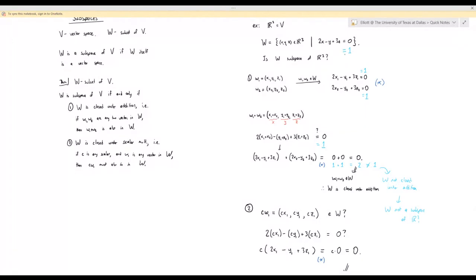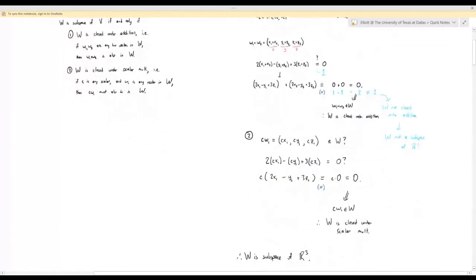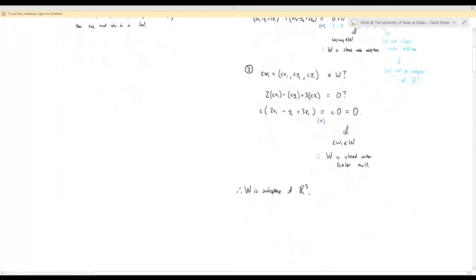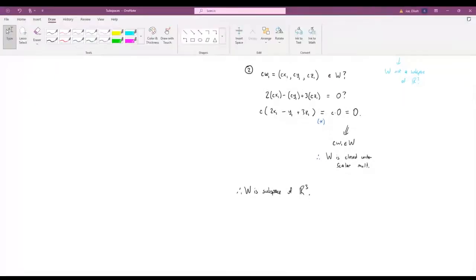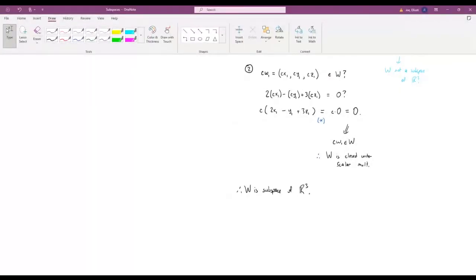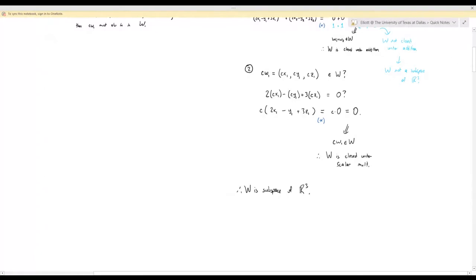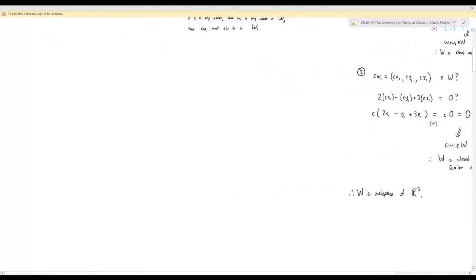I'll do maybe another example of checking whether something is a subspace or not. I'll do another example in R3.